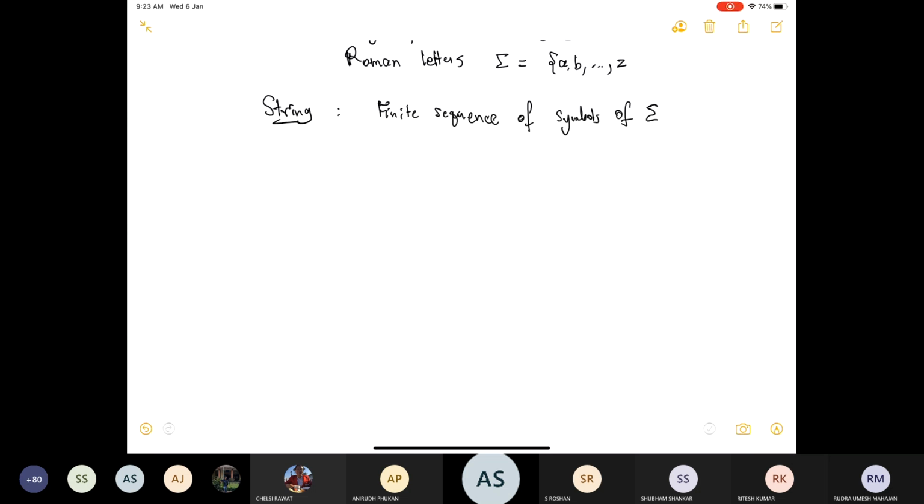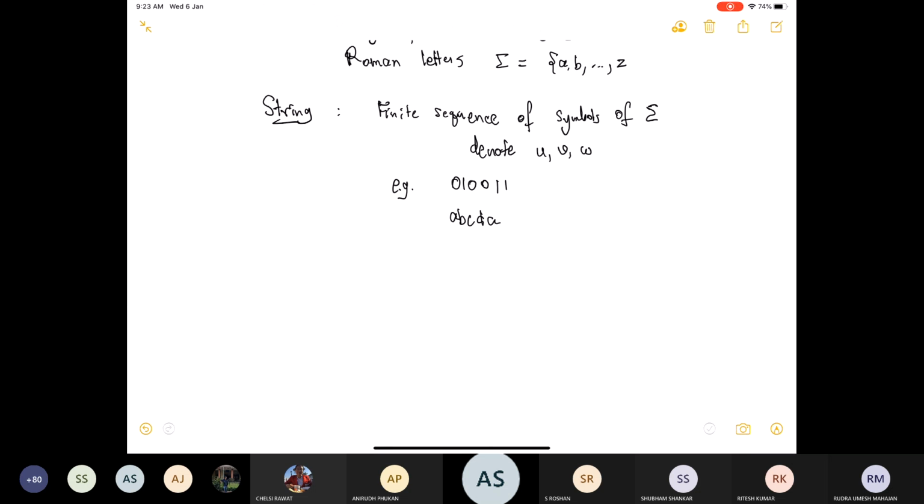And usually we denote these strings by the letters U, V, W, and so on. Examples are 0, 1, 0, 0, 1, 1. So that's a string. Or A, B, C, D, A. That's also a string.